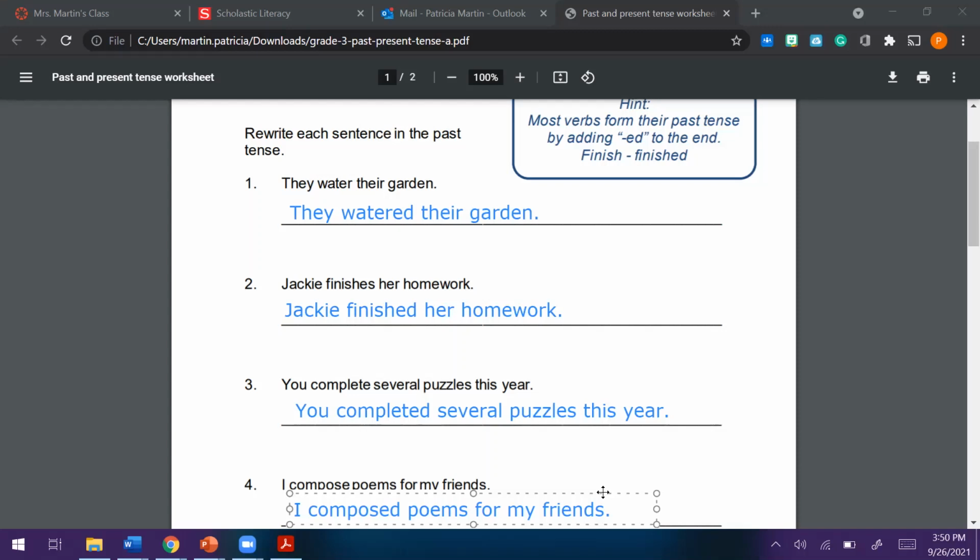So I compose poems for my friends. If you're composing something and you're creating those, compose would also be another word for created poems for my friends, right? Those would be synonyms together.